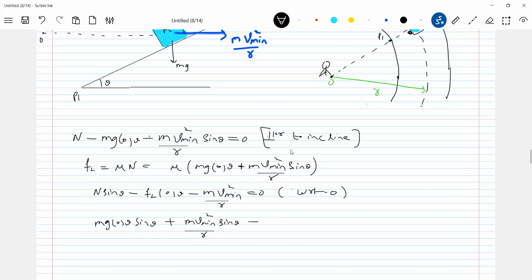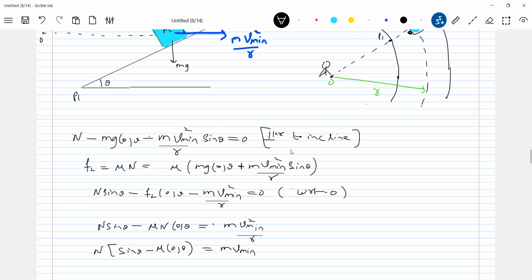FL is equal to mu N. Okay, I'll do one thing: let me substitute mu there, then I'll simplify. N sin theta, and this is mu N cos theta. I'll take N outside: N times sin theta minus mu cos theta. What is N equal to?